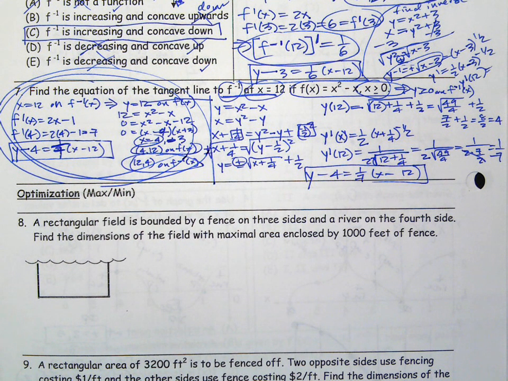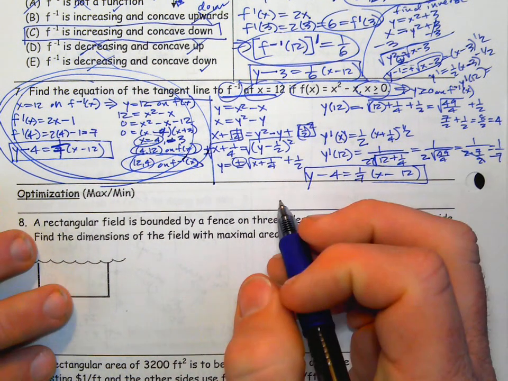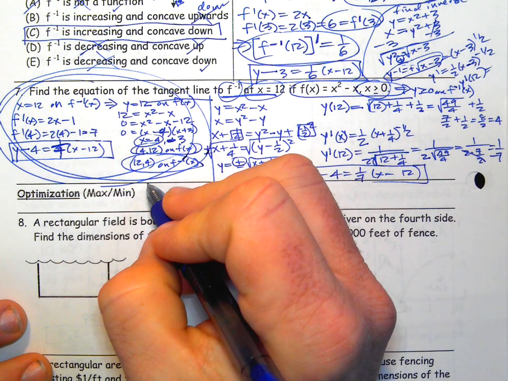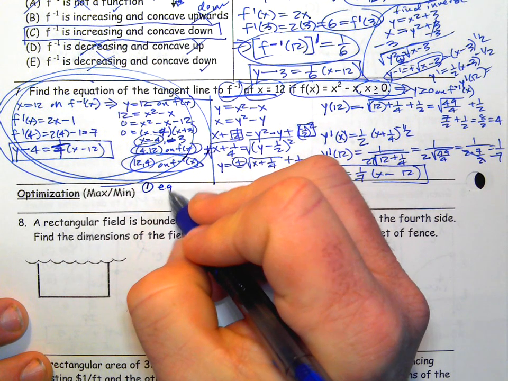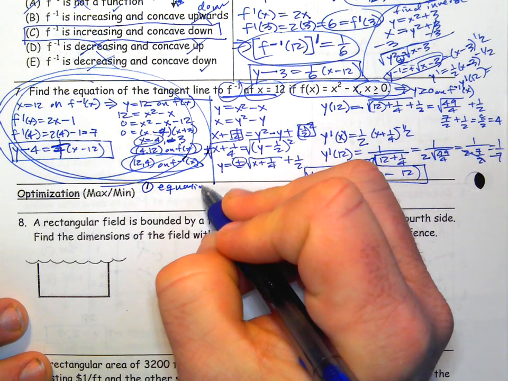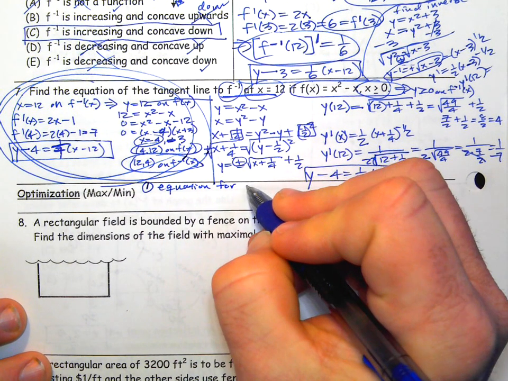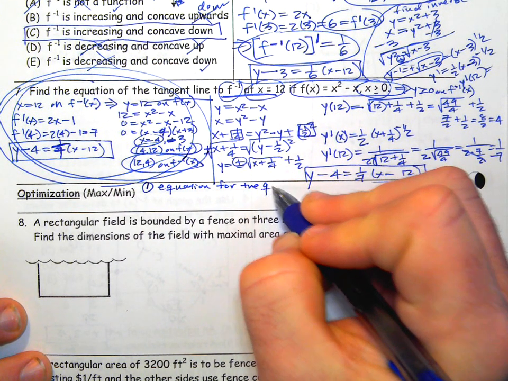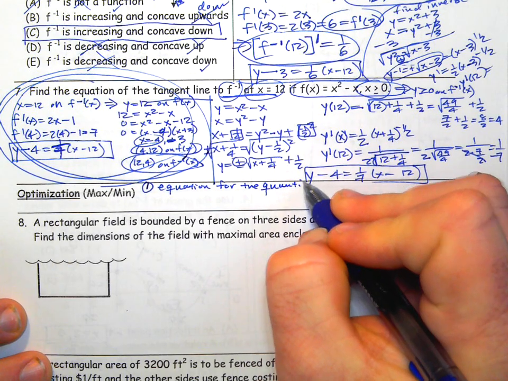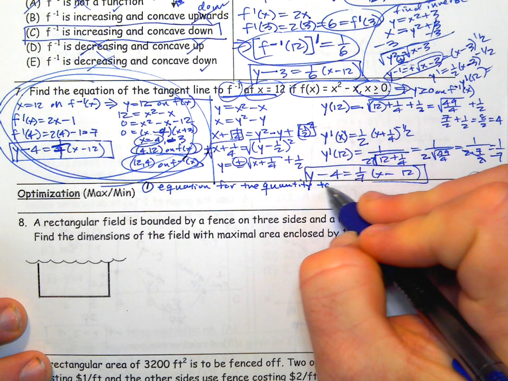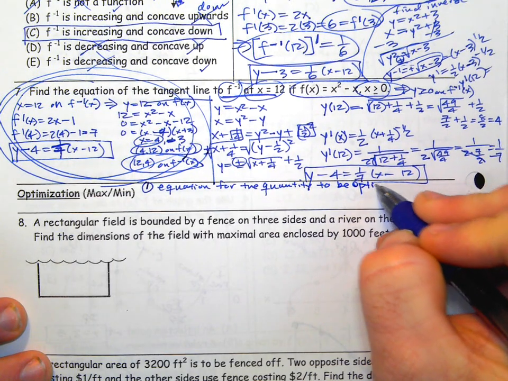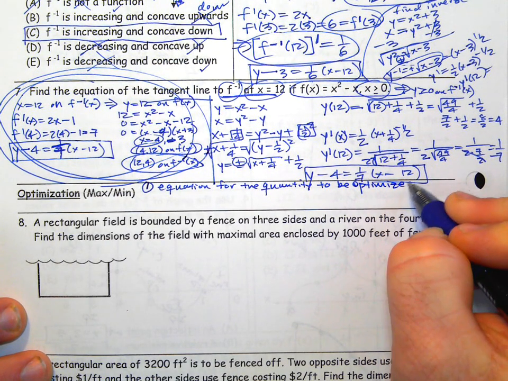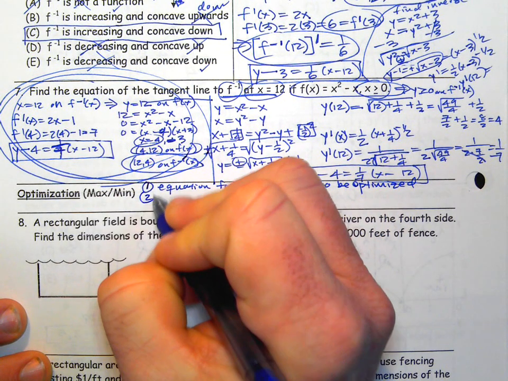Okay, let's talk about optimization. The major steps for optimization, we'll try and squeeze them in here: first, we're trying to find an equation for the quantity to be optimized. So there's something we're trying to find the max or min of, so we need to get an equation for it, generally sometimes involving multiple variables.